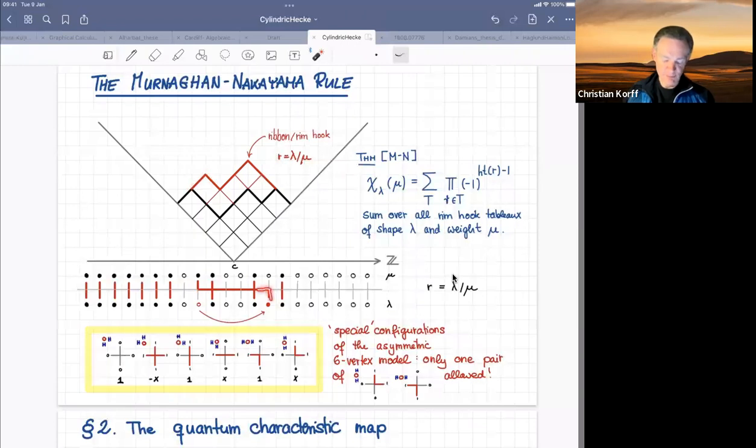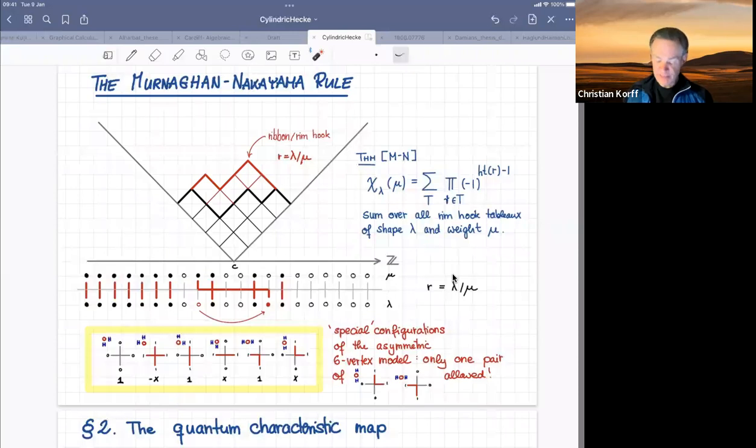And this turn here downwards, that is the end of your ribbon. And if you would have, therefore, more pairs appearing, then you would have a disconnected ribbon. And this is, of course, the generic case of the 6-vertex model, but this doesn't come up in the Murnaghan-Nakayama rule.